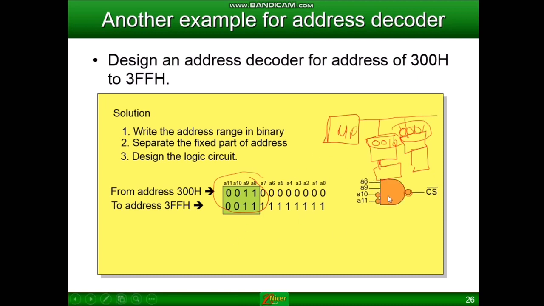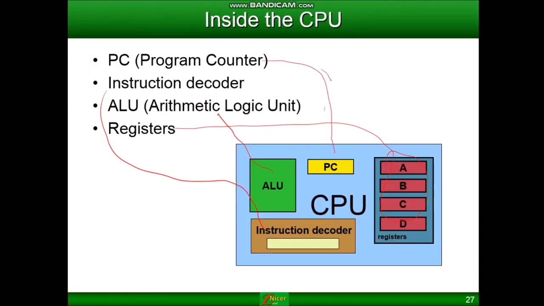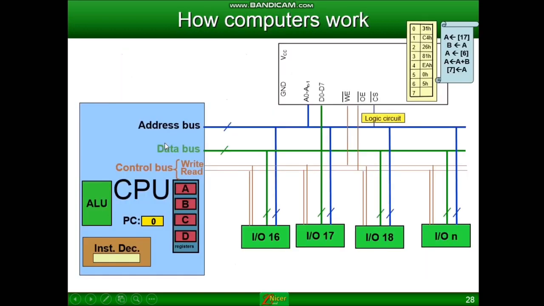Okay, now coming to next. Inside the CPU we have a program counter, instruction decoder, arithmetic logic unit and registers. Now we are going to discuss how computers basically work. We have the memory box connected as well as the input output devices to the CPU. This is the program counter.